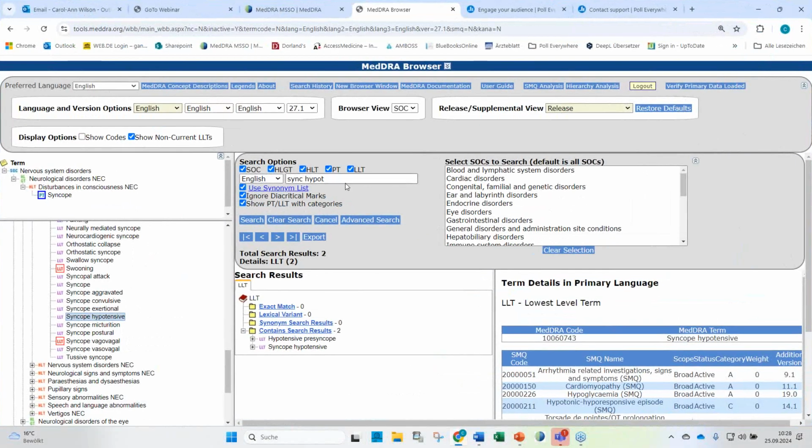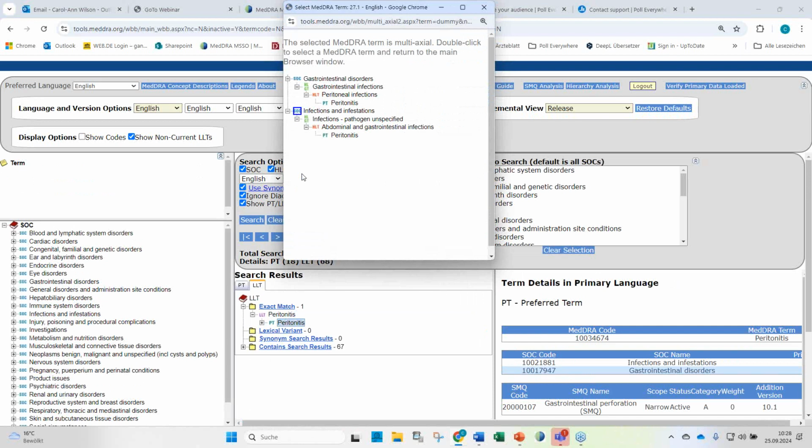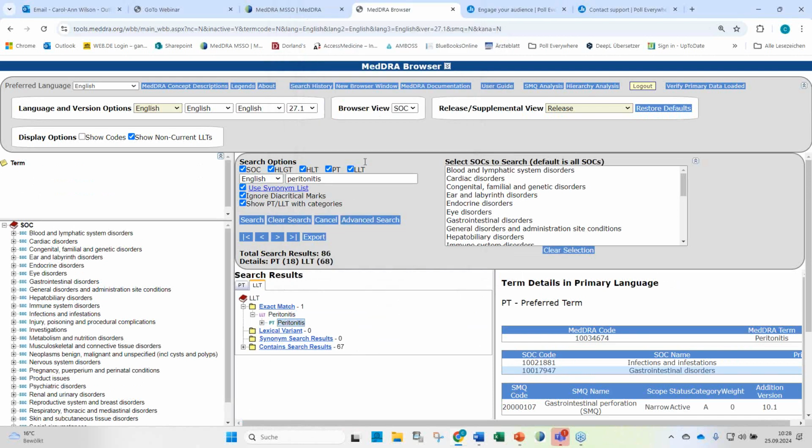Again, let's look for peritonitis. Here we are. Here we have a very vague term, and it's also grouped under infections pathogen unspecified. Here we know that it was a bacterial infection.